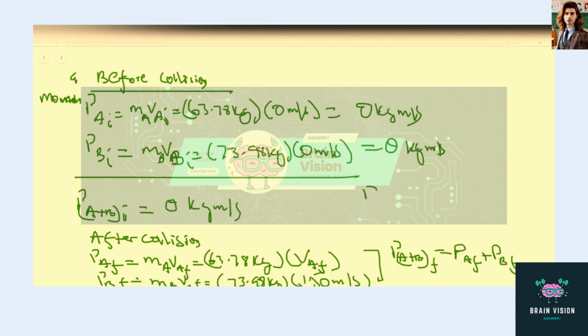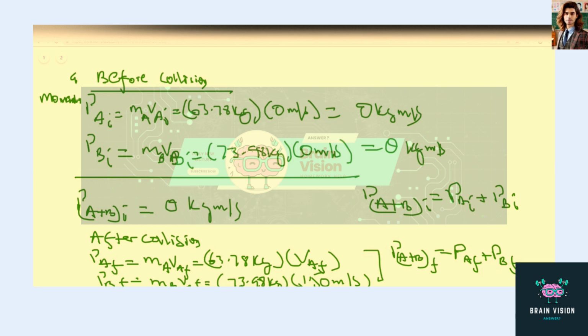Just like we did here, the initial total would be the initial momentum of A plus the initial momentum of B. That's how it is. At this point, I think we're on the right track.